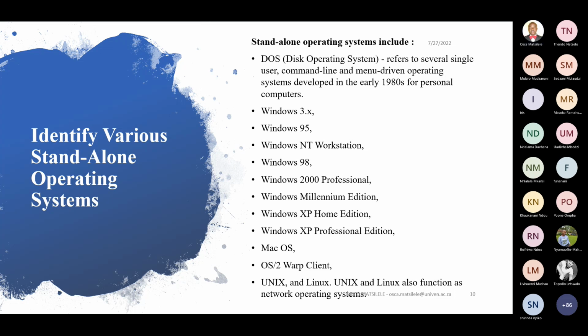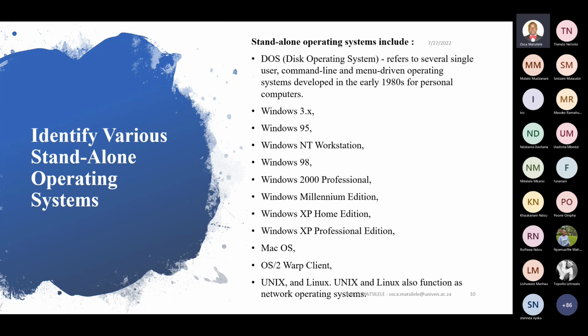Professional, all these ones. So in this case, let's say for example someone asks on the test or in the exam, list 5 or 10 examples of standalone operating systems.